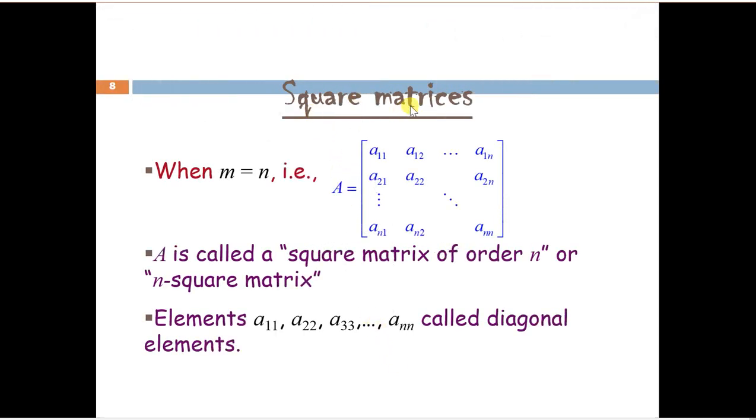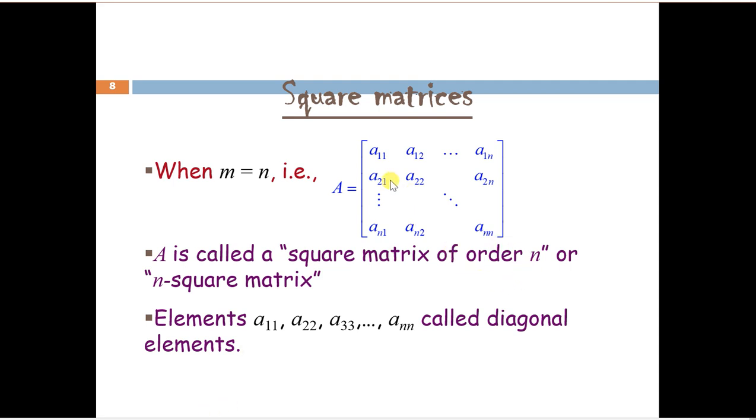Now, square matrices. If a matrix is having the same number of rows and columns, then it is called a square matrix. That is, when m equal to n, it becomes a square matrix. When m equal to n, we can say simply that this matrix A is of order n. Instead of saying n cross n, we simply say it is a matrix of order n.